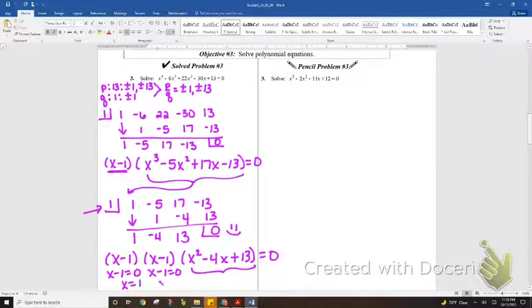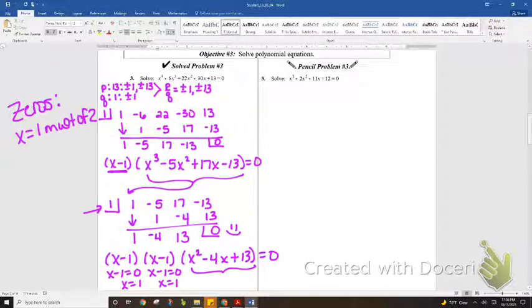So we get x equals 1, x equals 1. So remember that means, because it's the same, that there's a multiplicity of 2. So if I was going to write out my zeros over here, I would have x equals 1, multiplicity of 2, meaning it's there twice, it counts for 2 of them, and then whatever we get from our quadratic formula.